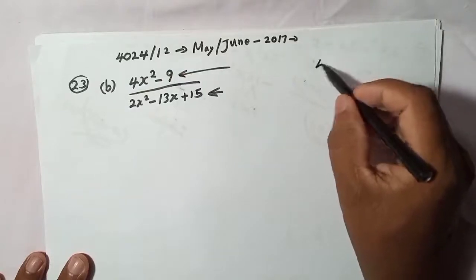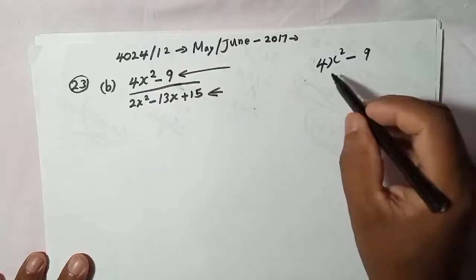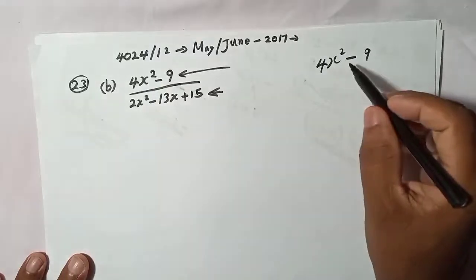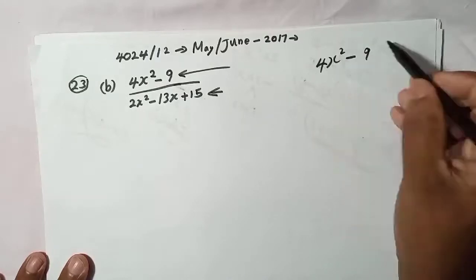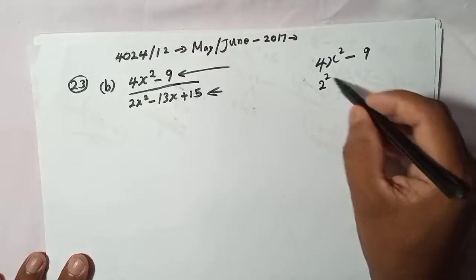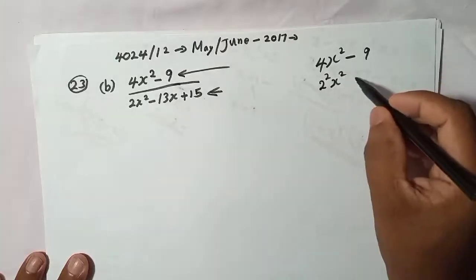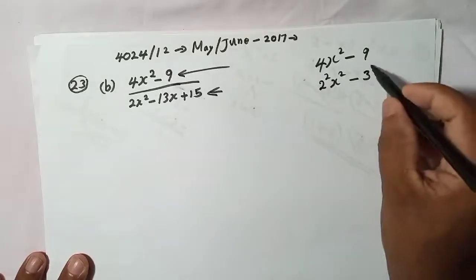How to factorize this one. First, 4x square minus 9. You have to see this is a difference of two squares. So what we should do is make this a square and this a square. So 4 you can write as 2 square, x is already a square. And 9 also you can make 3 square.